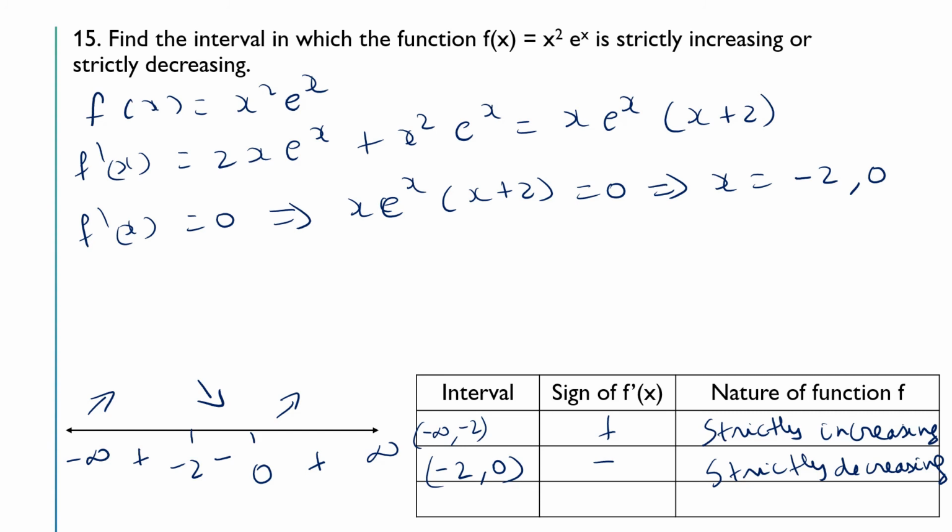So it is minus infinity comma minus 2 union 0 comma infinity. So in the interval minus infinity to minus 2 and 0 to infinity, the function f is strictly increasing. On the other hand, in the interval minus 2 comma 0, the function f is strictly decreasing.